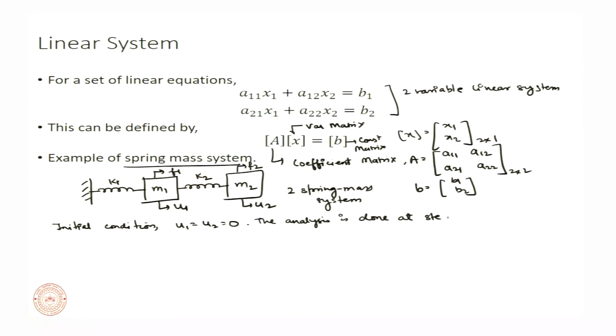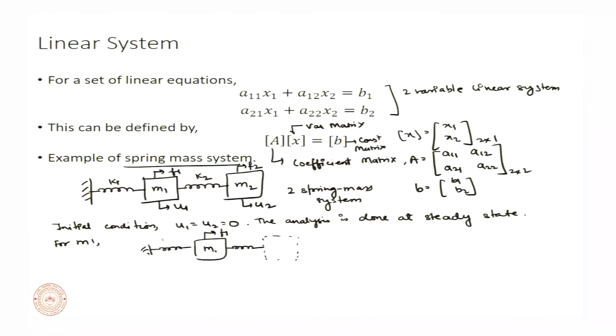That means that any time derivatives are reduced to 0. So, if we look at mass 1 and we do a force balance, let's draw this mass 1 and then we have the spring and then this second mass effect will be there.